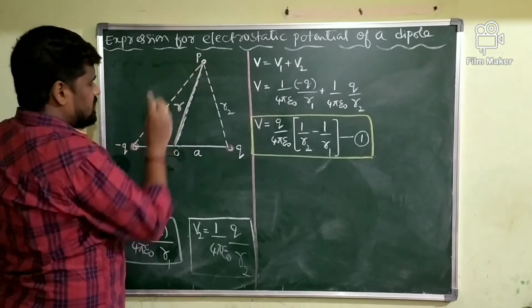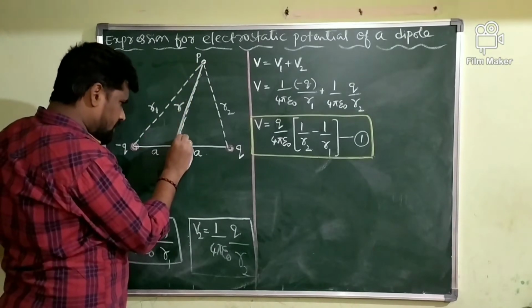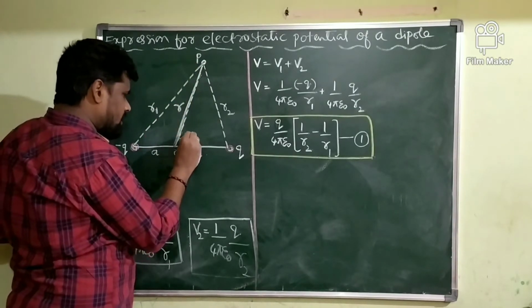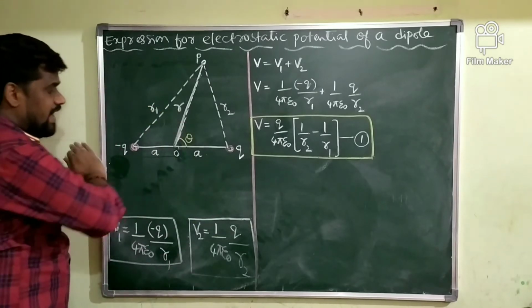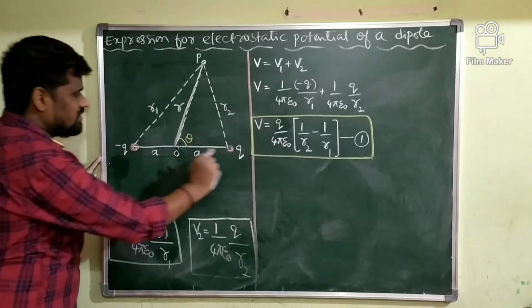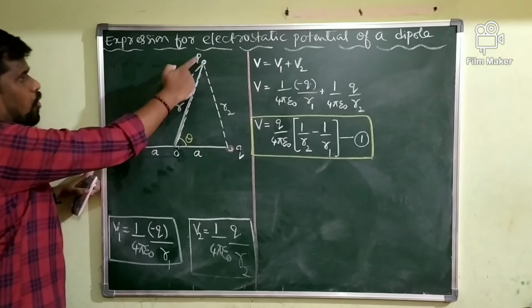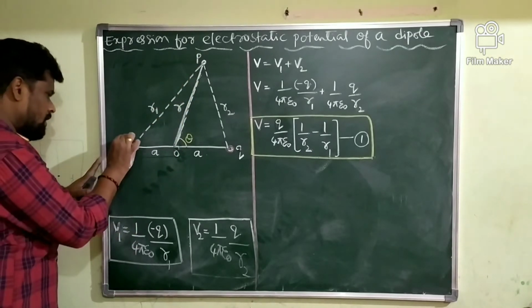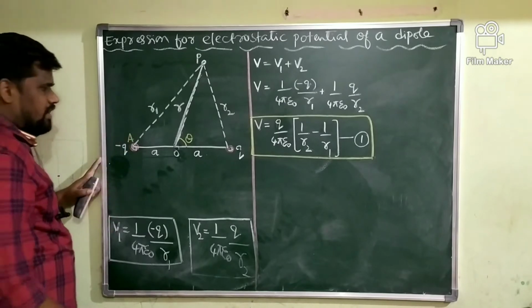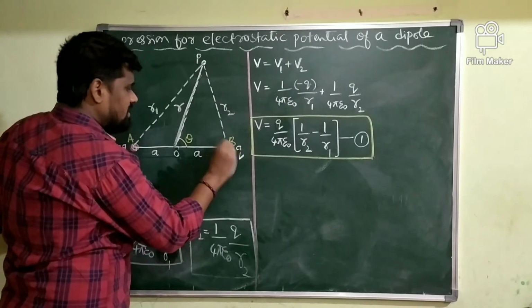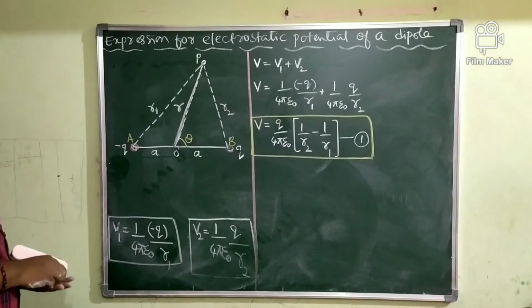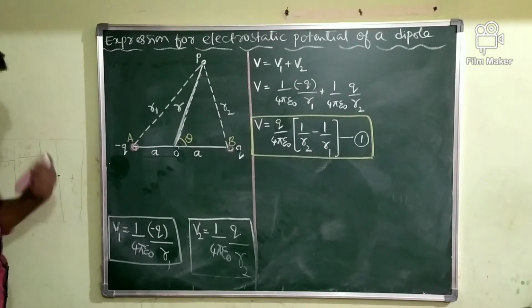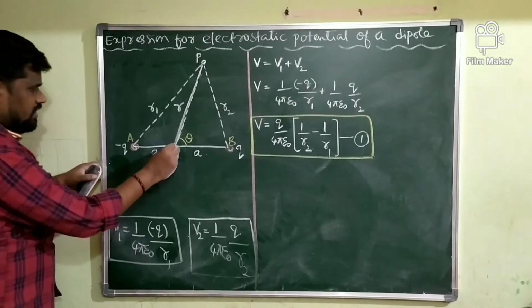R is the distance of point P, and point P is making some angle theta with the axis of the dipole. This point I will call A, and this point I will call B. A, B, O.